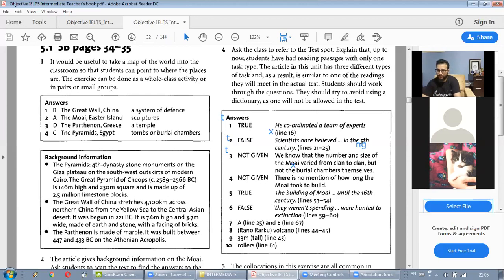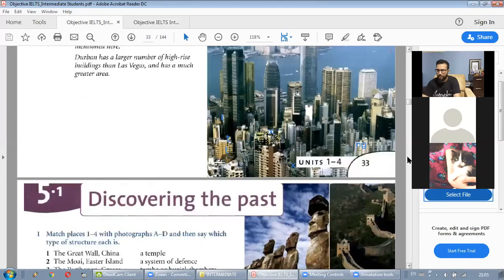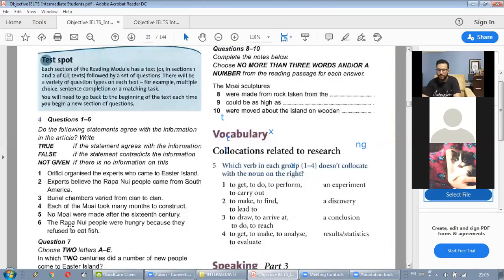Let's go to the question and see what it says. The question in number 6 says, the Rapa Nui people were hungry because they refused to eat fish. They refused. This is the key.